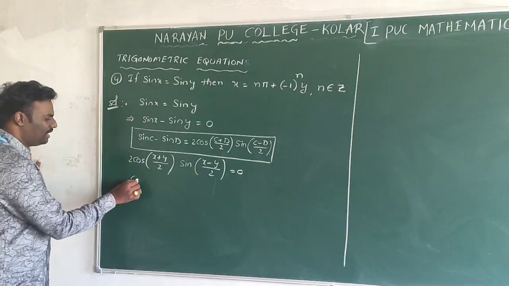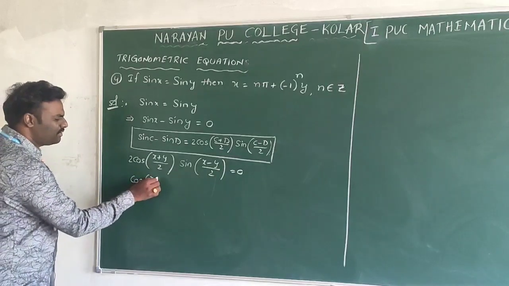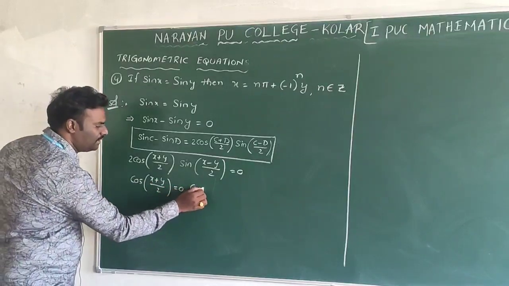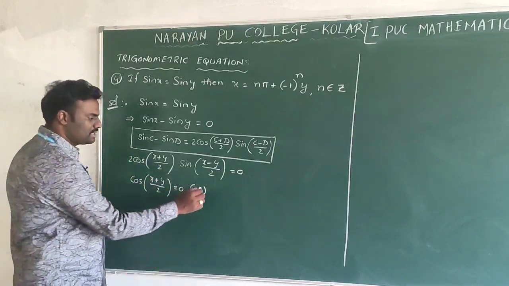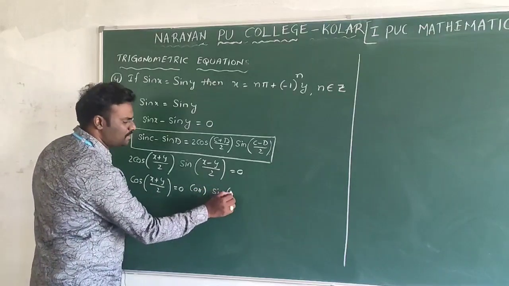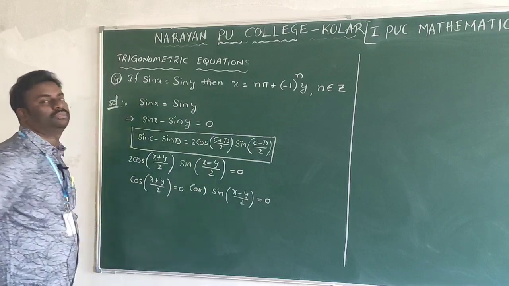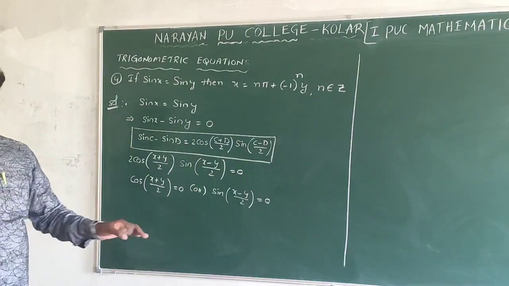First I am taking cos((x+y)/2) is equal to 0, or sin((x−y)/2) is equal to 0. Just now we discussed the general solution.